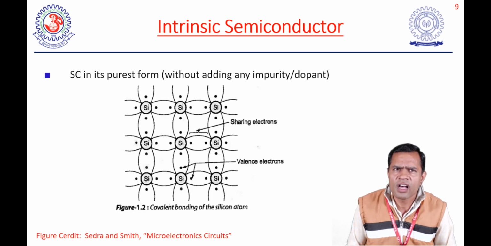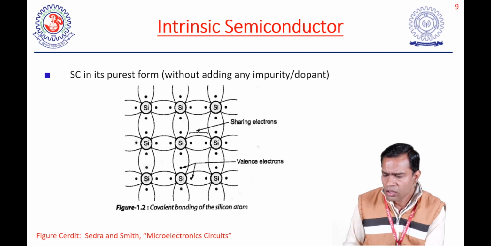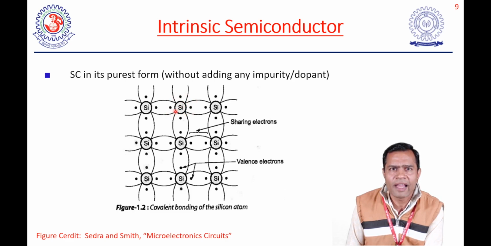Now this is the picture of covalent bonding for the silicon atom. First we are discussing the intrinsic semiconductor, that is silicon. Here you can see the picture of silicon. A silicon atom has 4 valence electrons in the outermost shell, or valence shell.